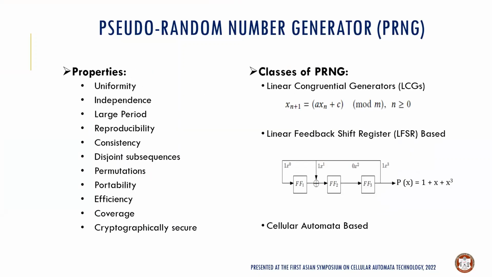There are several classes of PRNGs, like linear congruential generators, LCGs, linear feedback shift register based, or LFSRs, and cellular automata based. Here we'll be concentrating on the cellular automata based generator. There are several properties like uniformity, independence, large period, reproducibility, efficiency, coverage. These things are supposed to be satisfied by a good pseudo-random number generator.